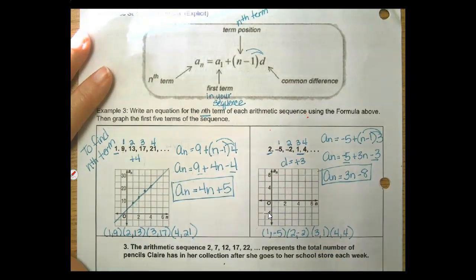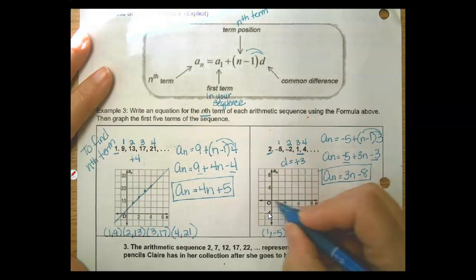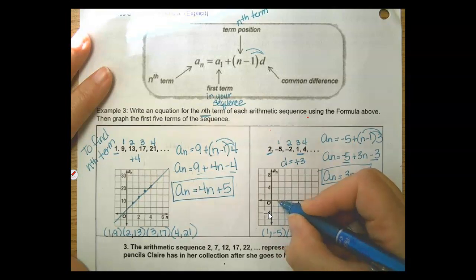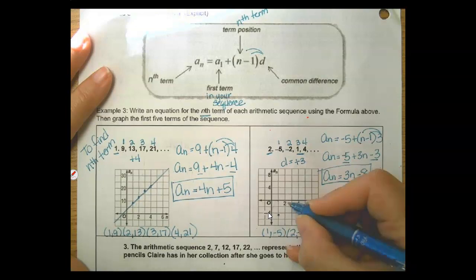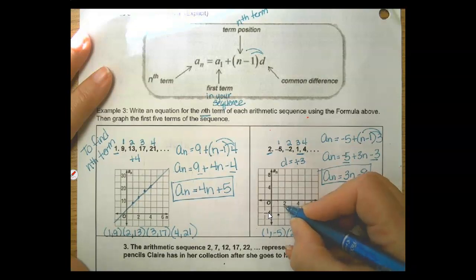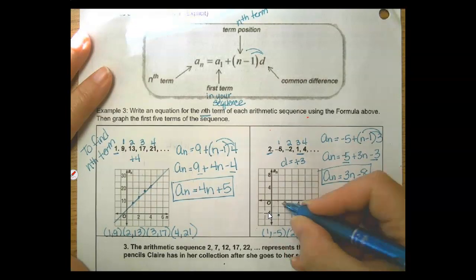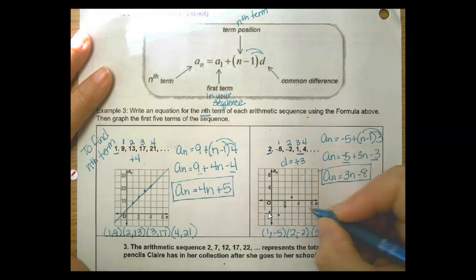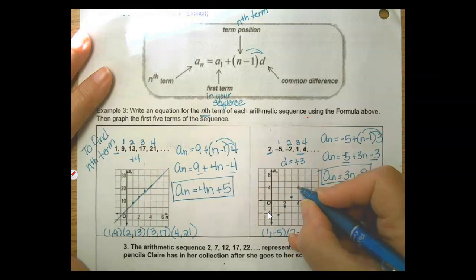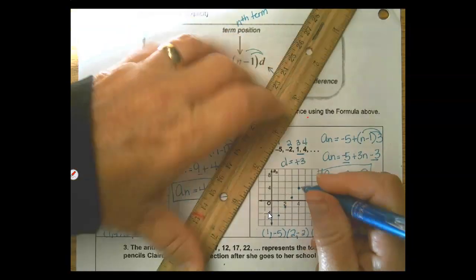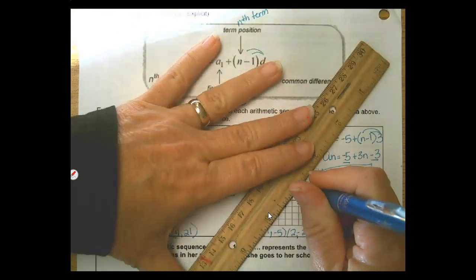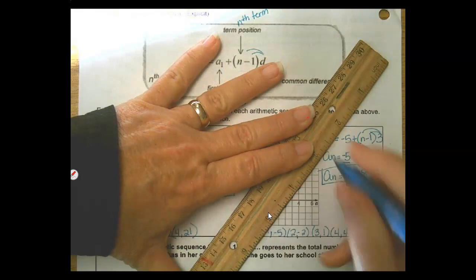Let's graph those. 1, -5, so that's going to be right about here. 2, -2. 3, 1, so that's 2, so 1 would be here. 4, 4. And again, it's linear. It is a linear equation. And then we would draw a line.